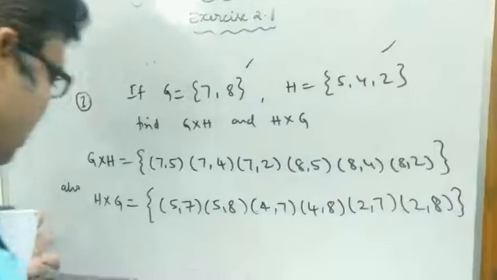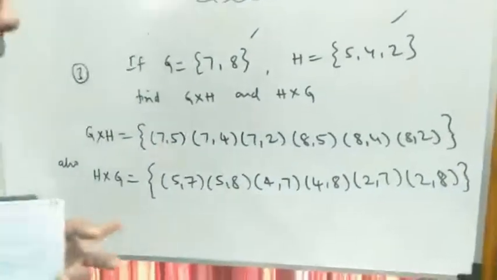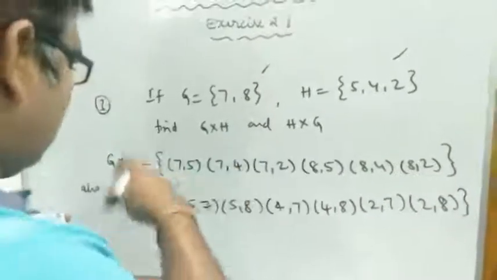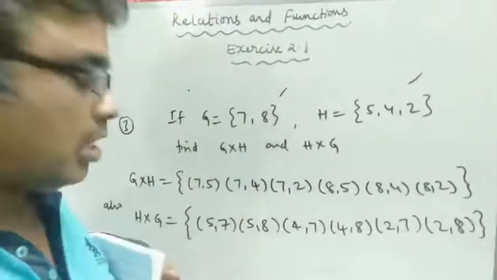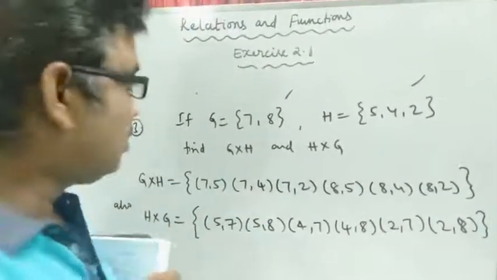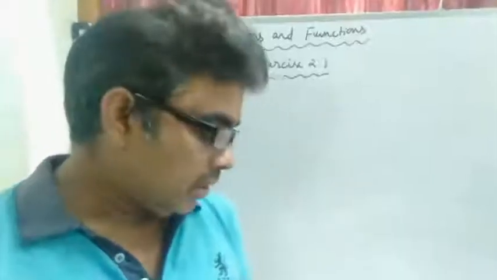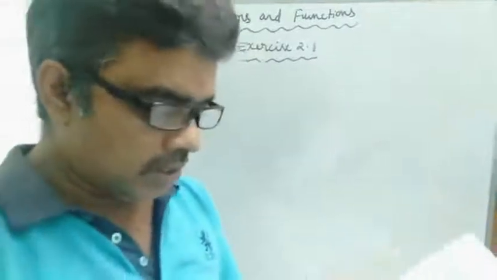These are the elements in H cross G, and those were the elements in G cross H. Both are different; G cross H and H cross G are not the same. These are the given solutions.